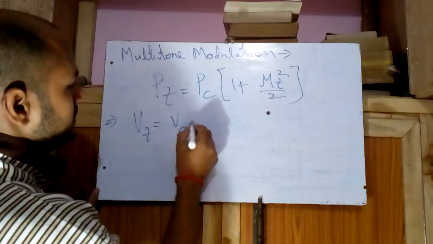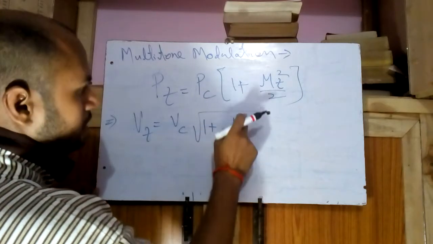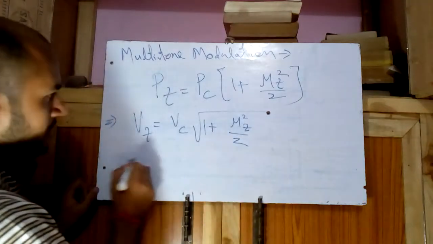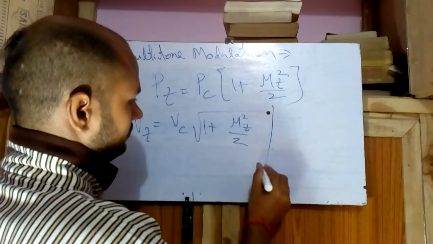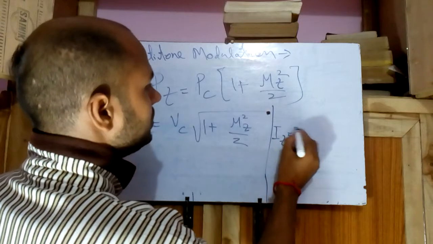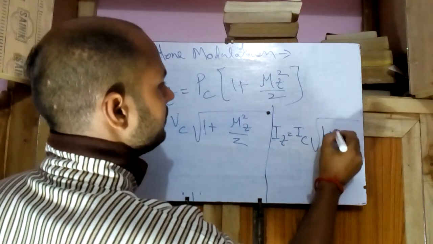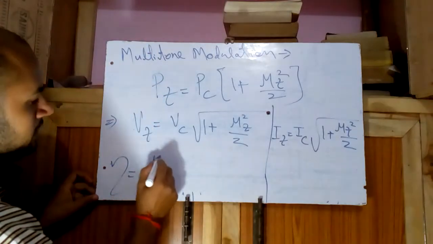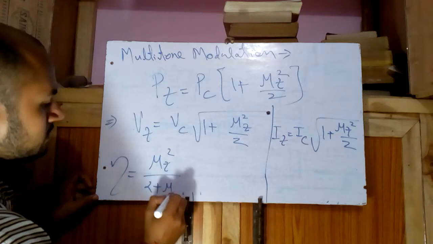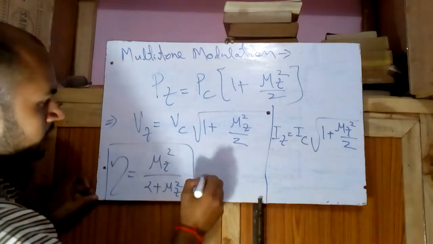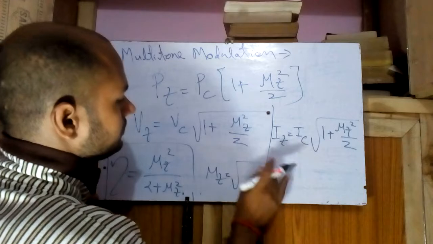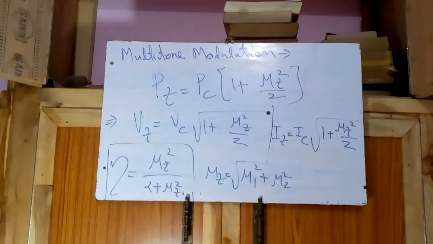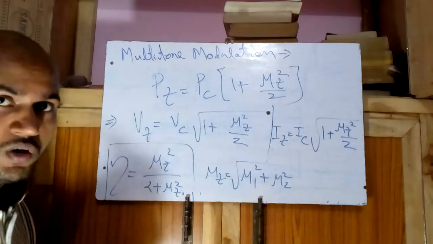Vt is equal to Vc into under root 1 plus mu t square by 2, and It is equal to Ic into under root 1 plus mu t square by 2. The formula for efficiency eta will be mu t square by (2 plus mu t square), where mu t is equal to under root mu1 square plus mu2 square. So these are some basic formulas.